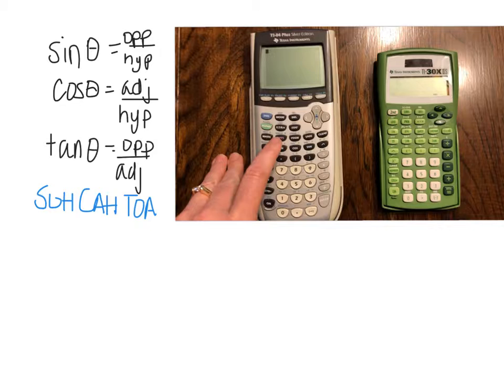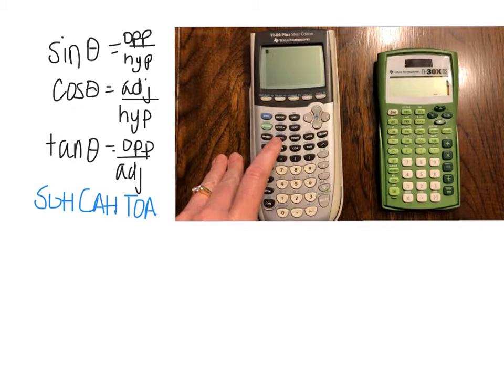Well, it doesn't even look like an S. Got worse. Okay, so let's just look at it. That's an O, by the way. The sine stands for the opposite over the hypotenuse. The cosine stands for the adjacent over the hypotenuse. And the tangent stands for the opposite over the adjacent.